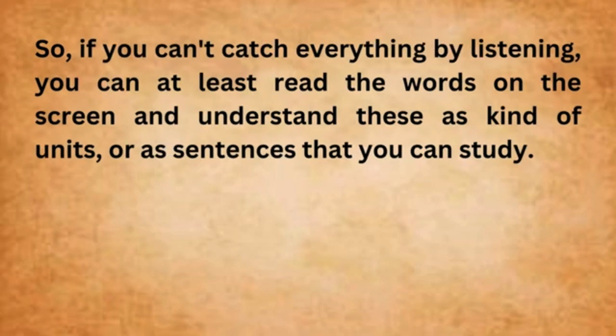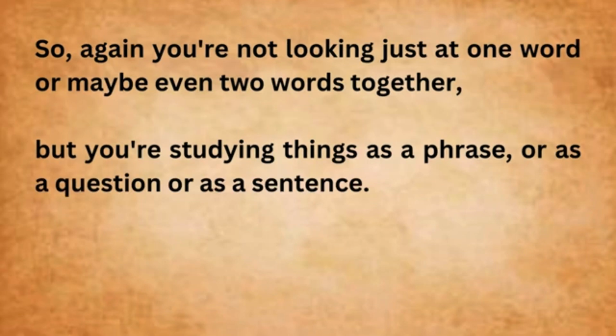So, if you can't catch everything by listening, you can at least read the words on the screen and understand these as units or as sentences that you can study. So again, you're not looking just at one word or maybe even two words together, but you're studying things as a phrase or as a question or as a sentence.